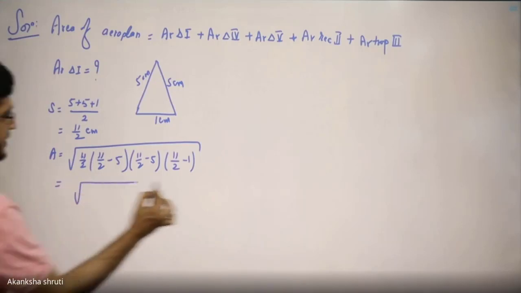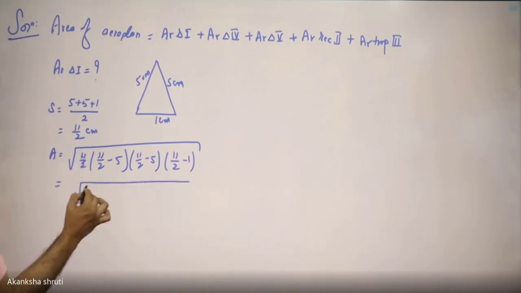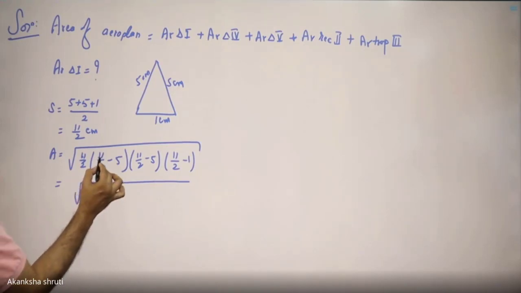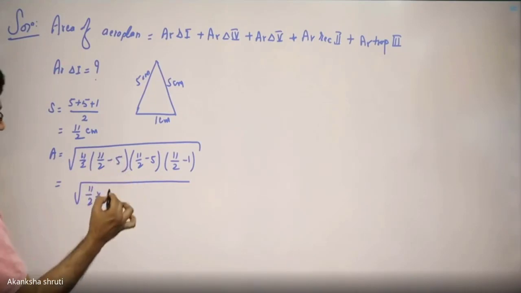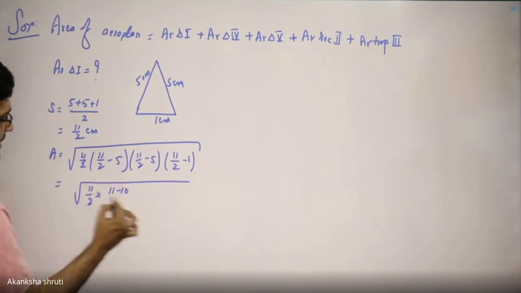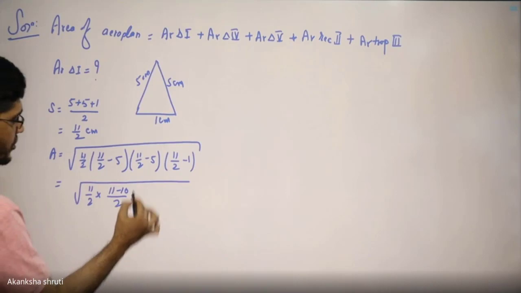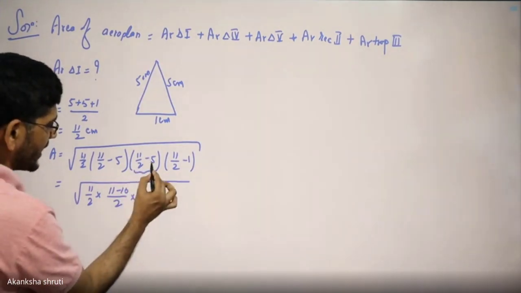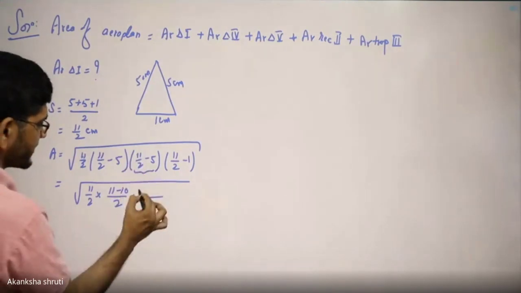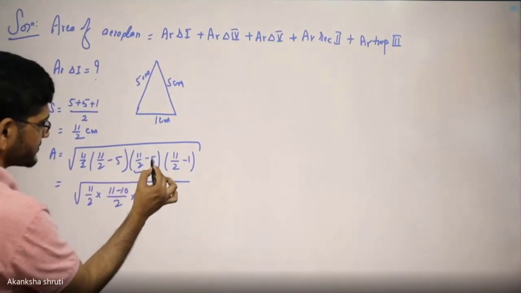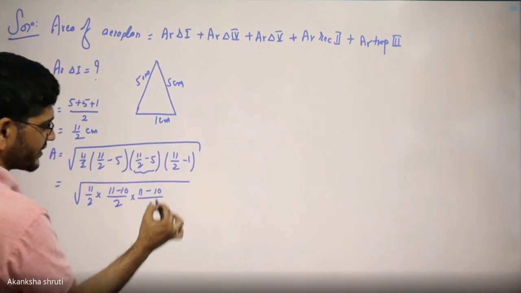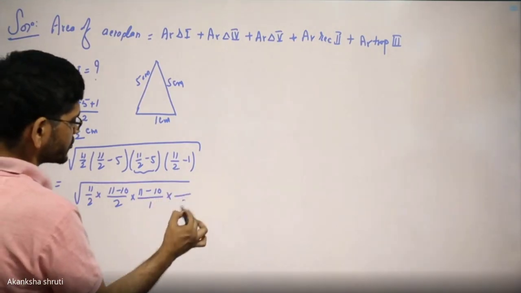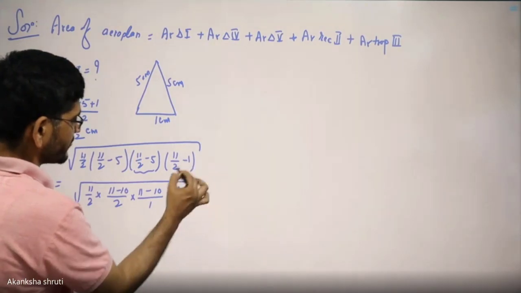Here we are getting 11 by 2 into how much? 11 minus 5 twos are 10, by 2, into... how to get this bracket? You have to take the LCM of 2 and 1. So this becomes 11 minus 5 into 2, which is 10, with the same LCM 2, and 11 minus 1 into 2 is 2.